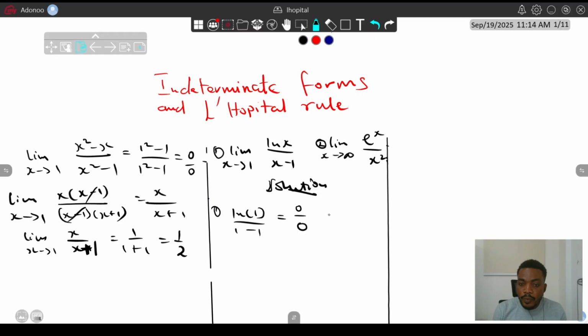So now, what if I have this? If I insert infinity into this function, I have e raised to the power infinity over infinity squared.